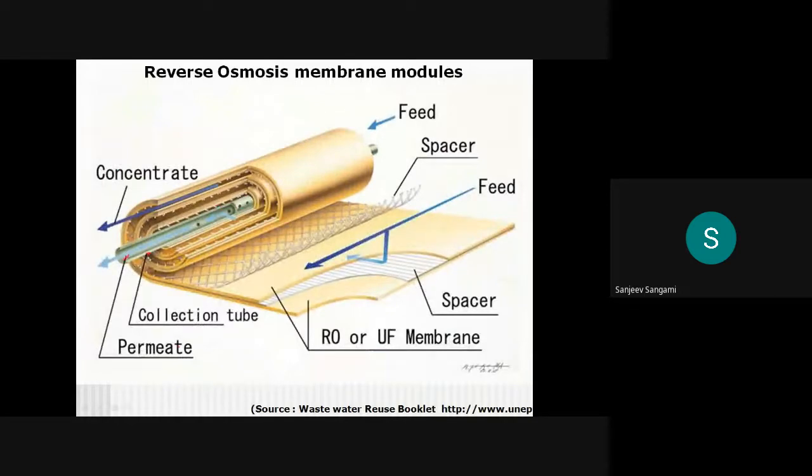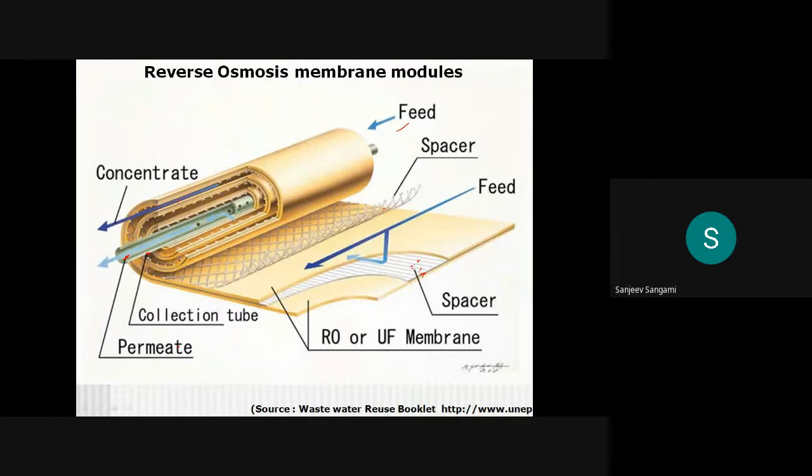I'll explain what that permeate is. This one is the concentrate, this one is a spacer, and this one is the feed. Here also, in between the two membranes, space is provided, which we call a spacer. Complete, this one is the RO membrane.